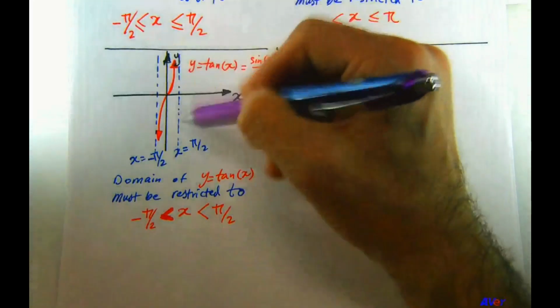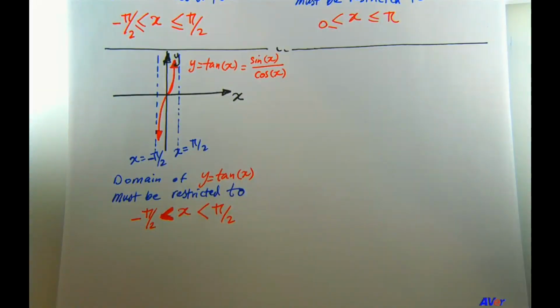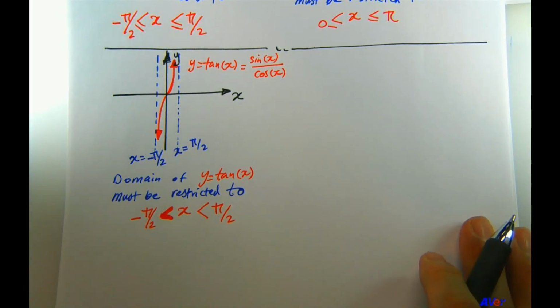So we can't go beyond this limit, otherwise the tangent function will fail the horizontal line test. Okay.